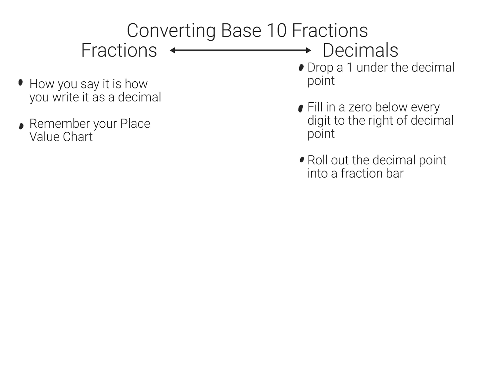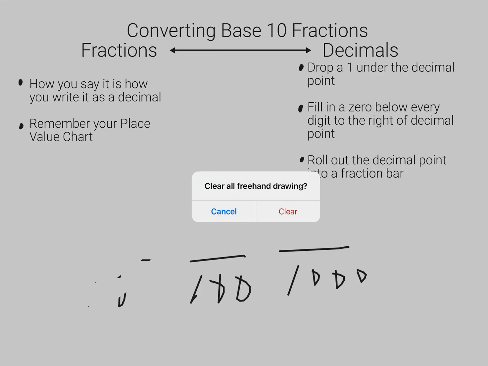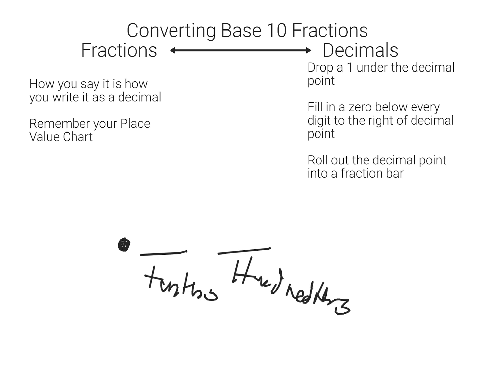Base 10 fractions are any fraction that ends in a tenth, hundredth, thousandth, which are the place value systems. In your place value chart, you have your decimal point, and then to the right you have your tenths, your hundredths, and thousandths, ten-thousandths.